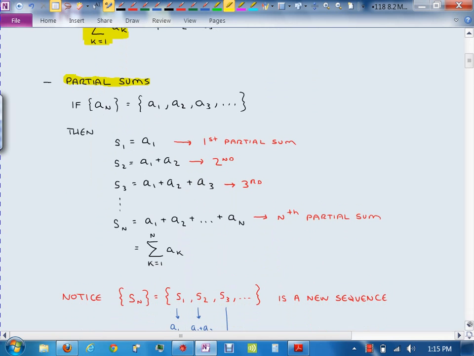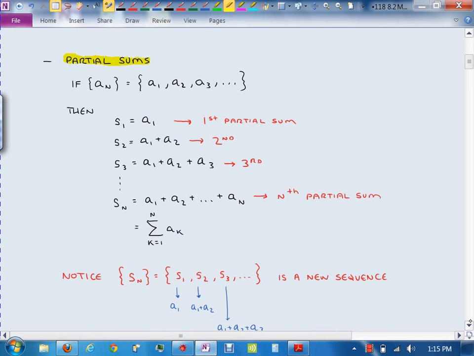Next major idea, the idea of partial sums. So if we're given a sequence, then we have this idea of not adding them up forever, but adding partial sums. So the first partial sum, that's what we call it, is adding just the first term of the sequence, a sub 1. Nothing else.